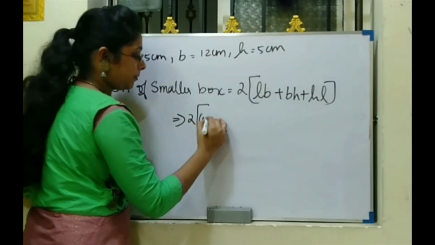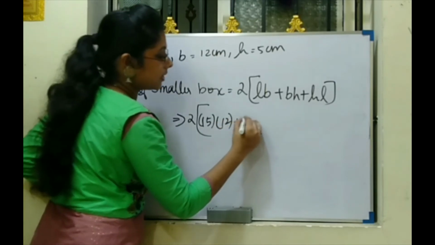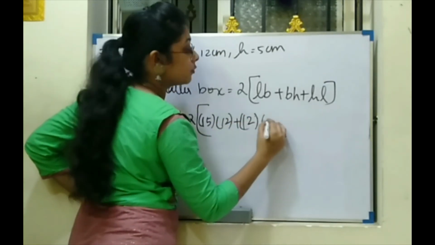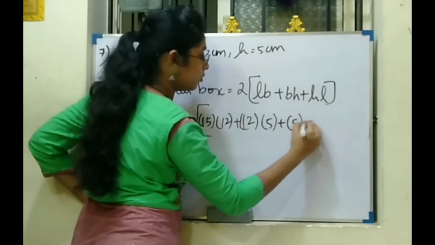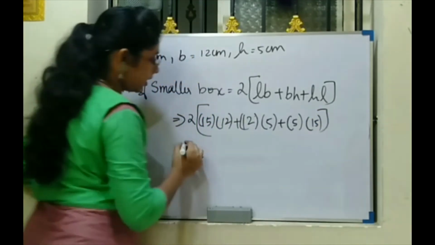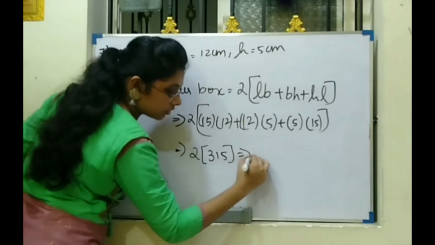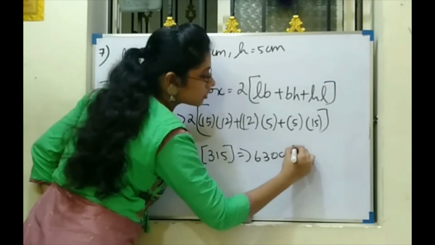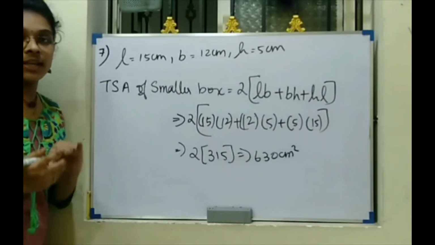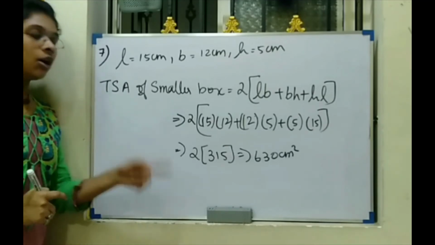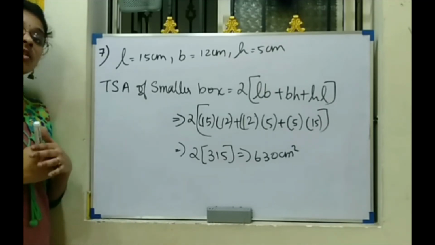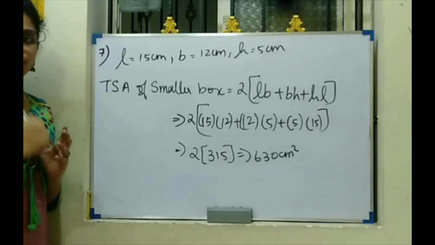L is equal to 15, 12 plus 12 into 5 plus 5 into 15. If we calculate, we will get 630 centimeters square. So the total surface area of one smaller box is equal to 360 centimeters square. Then how much it will be for 250 such boxes?